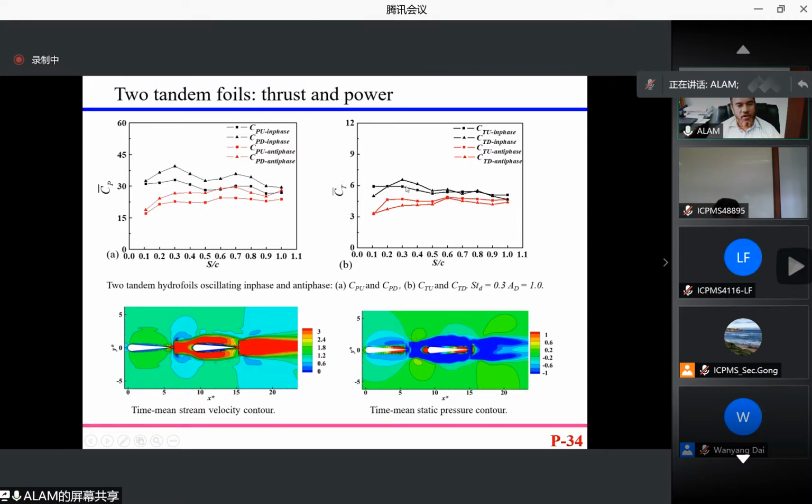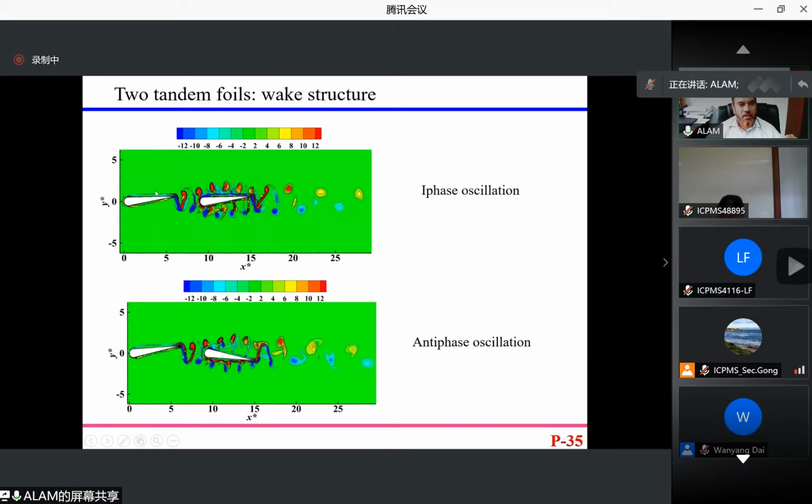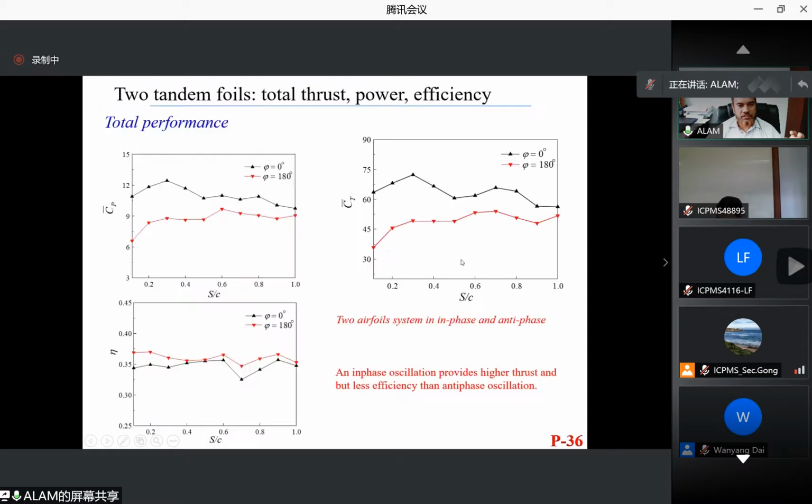So if one fish follows another, then the two fish will oscillate their tails in in-phase condition, that means they move in the same direction together. So in that case, they need lower power but get higher thrust. Here, this is the oscillating foil wake structure for the in-phase and anti-phase condition.